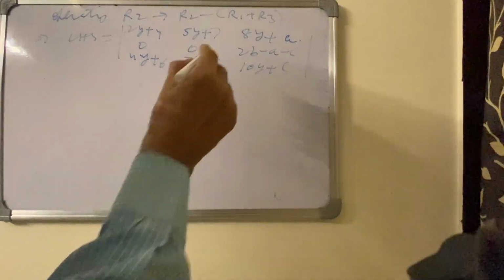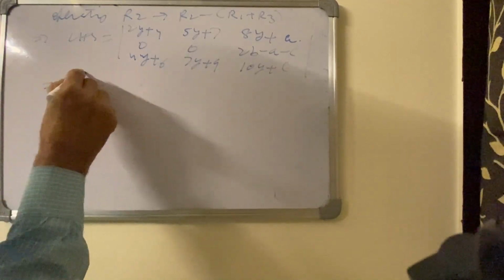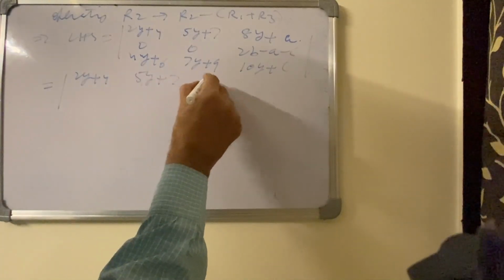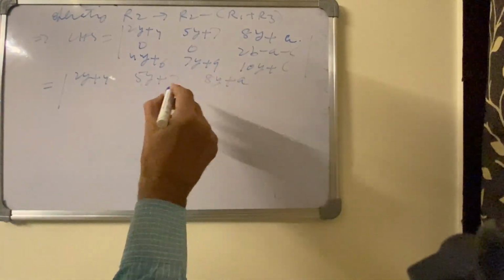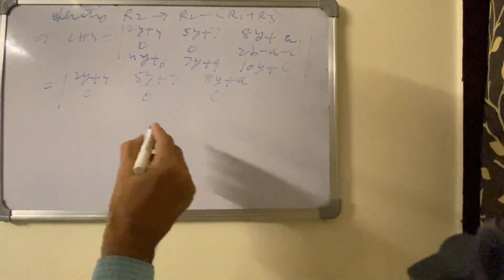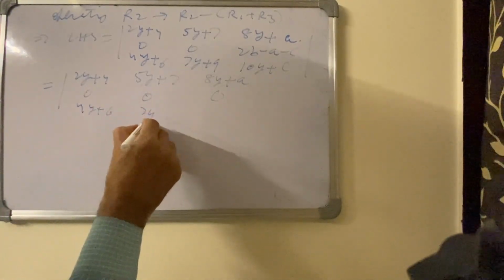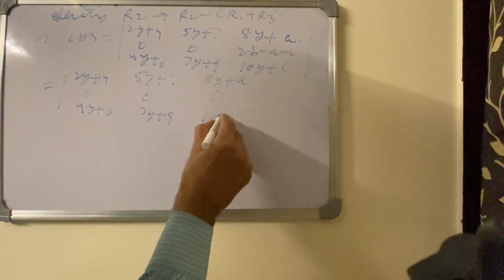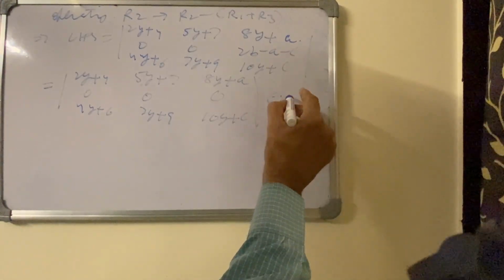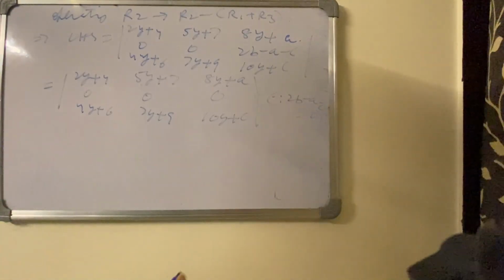Now we put 2b minus a minus c is 0. So we get 2y plus 4, 5y plus 7, 8y plus a, then 0, 0, 0, then 4y plus 6, 7y plus 9, 10y plus c. Why? Because 2b minus a minus c is equal to 0.